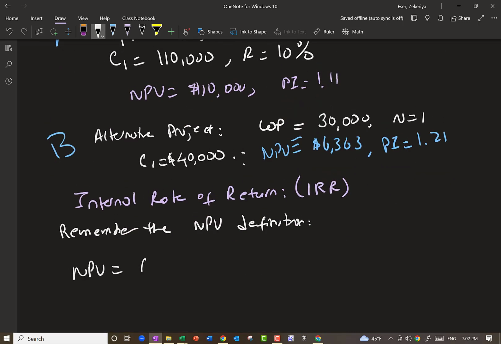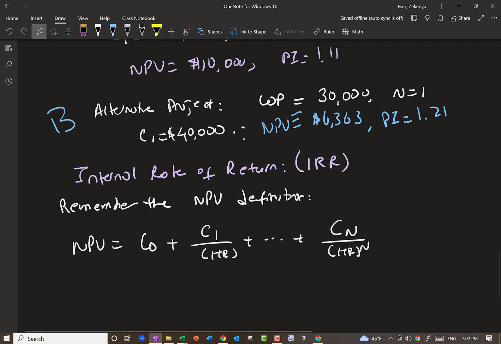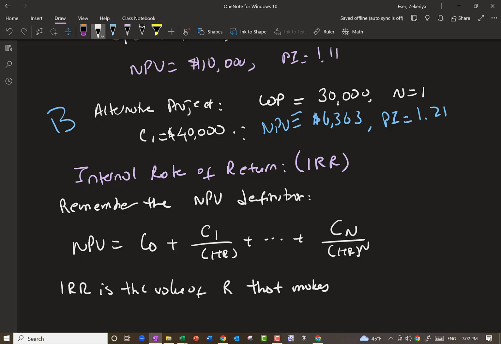NPV is C0 plus the discounted future cash flows. IRR is the value of R that makes NPV equal 0.